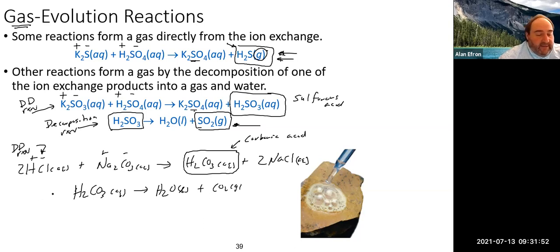If you've ever done this or seen this, which you probably have, plop, plop, fizz, fizz, you see a lot of bubbles being formed, and those bubbles are basically the CO2 gas being generated here. So this is an example of indirect gas production as a result of a double displacement reaction followed by a decomposition reaction.